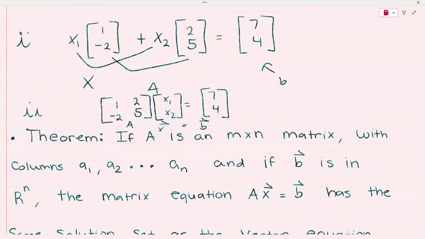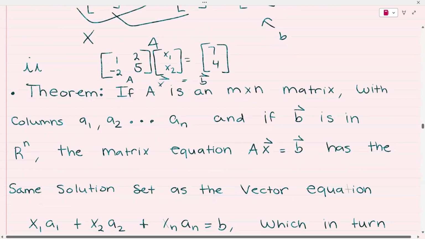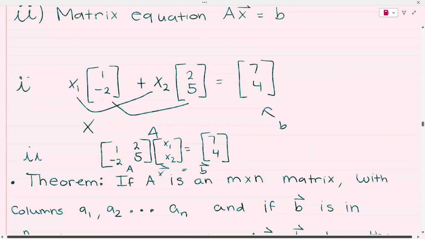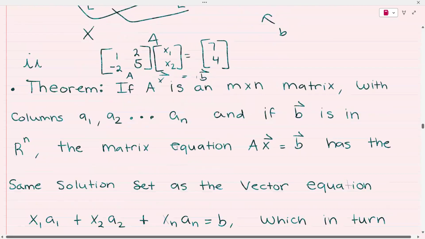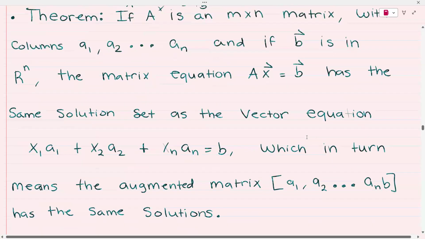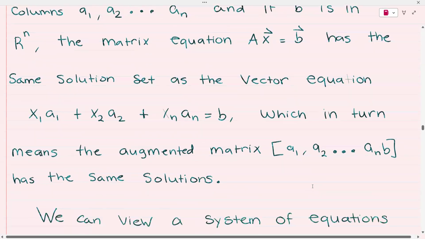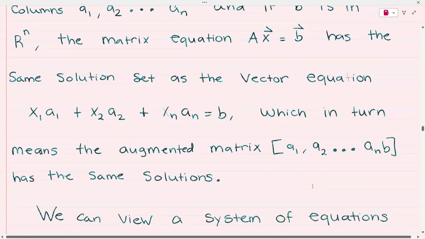This theorem, I'm just going to read it. It's basically what we just said. So basically, if A is an n by n matrix with columns A1, A2, and if vector B is in the span of Rn, the matrix equation A times vector X equals vector B has the same solution set as the vector equation of this, which in turn means that the augmented matrix has the same solution.